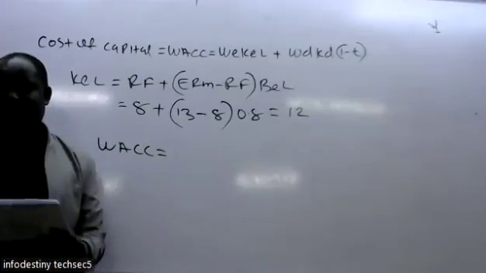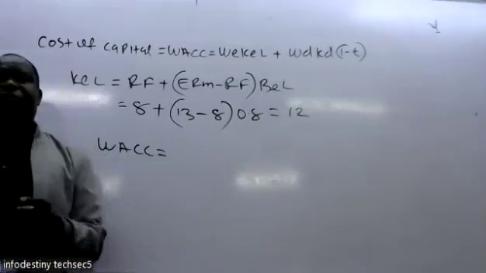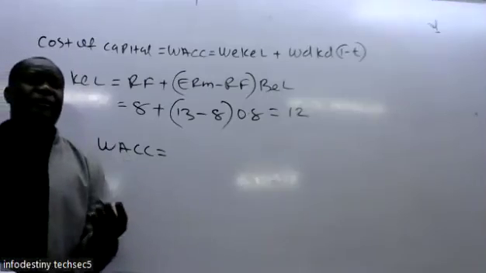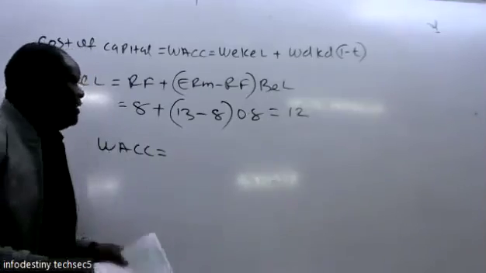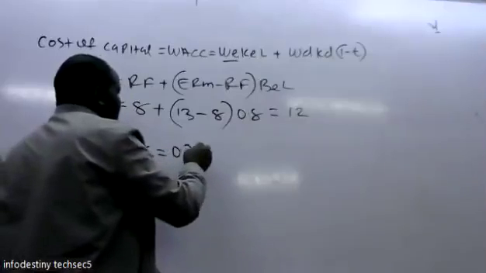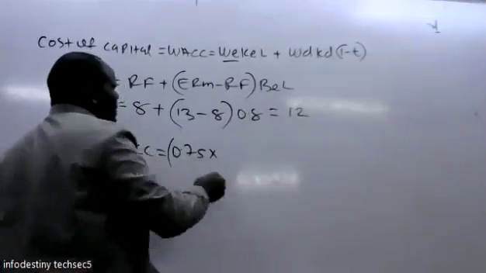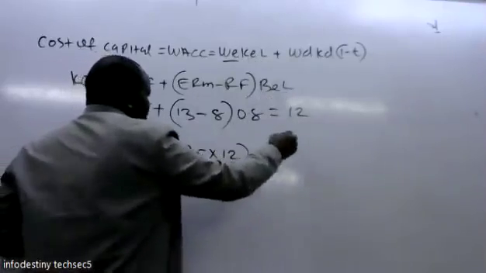In addition, it used little debt, having a debt ratio of what percent? So when the debt is 25%, equity must be 75%. So the weight for equity will be 0.75 multiplied by cost of equity, which is 12.